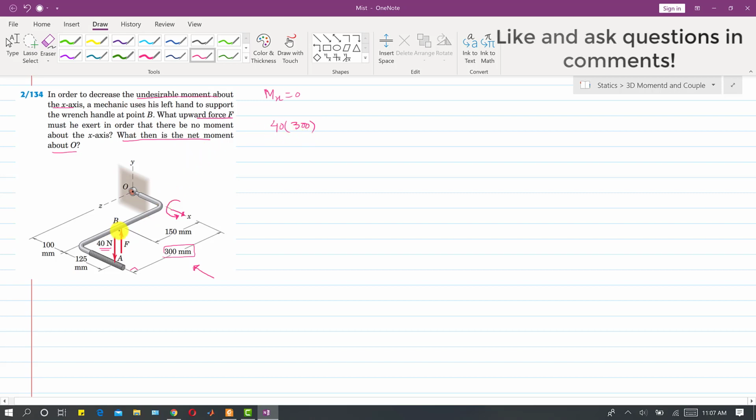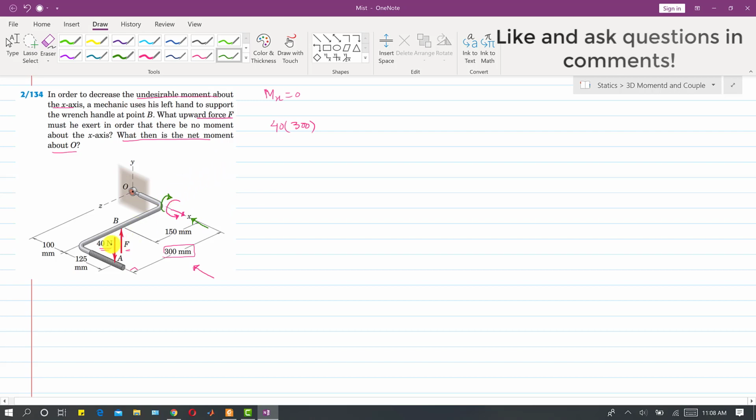Now the mechanic is applying a force at this point B. Again, if we look at this force from this direction, it produces a moment in the opposite direction to this one. If we curl our right hand fingers, this new force is producing a moment in the negative x direction, so our thumb should point in this direction.